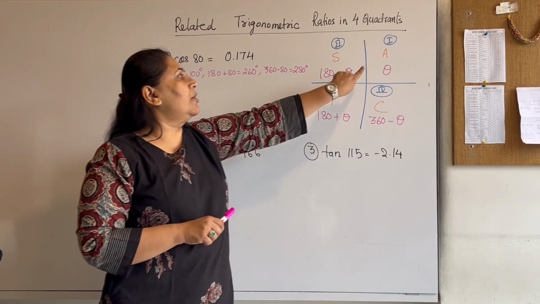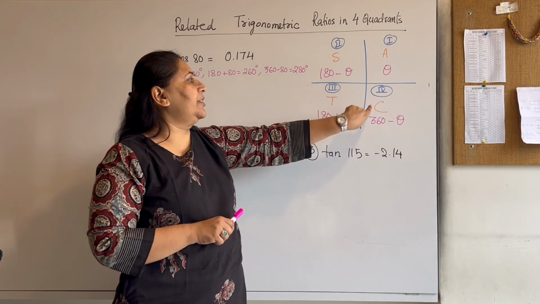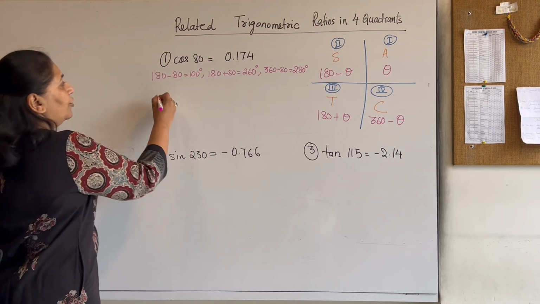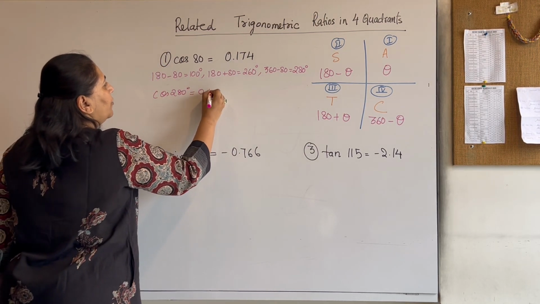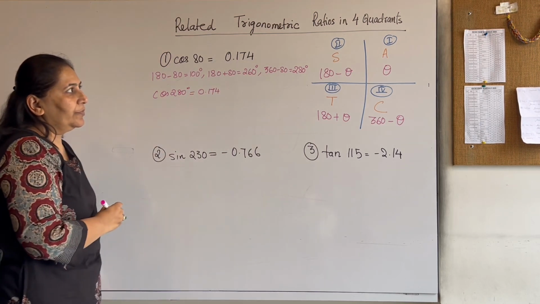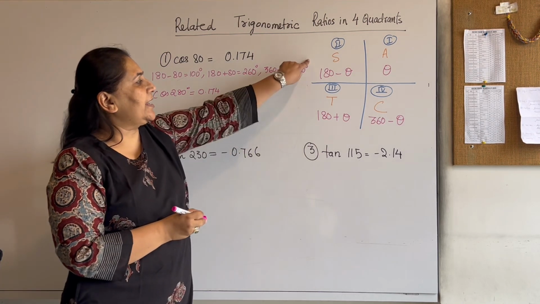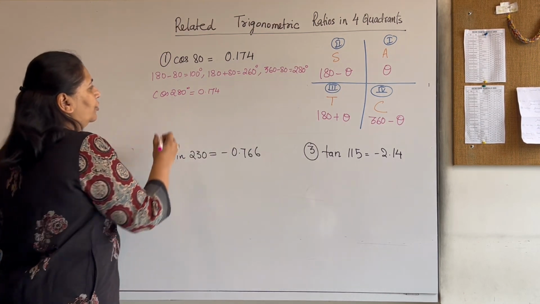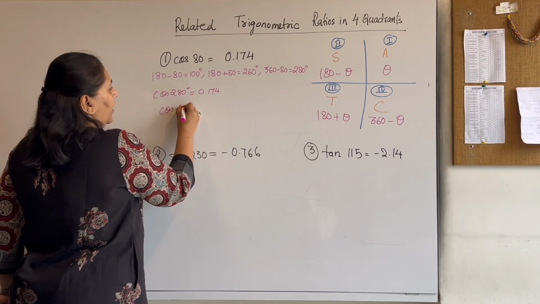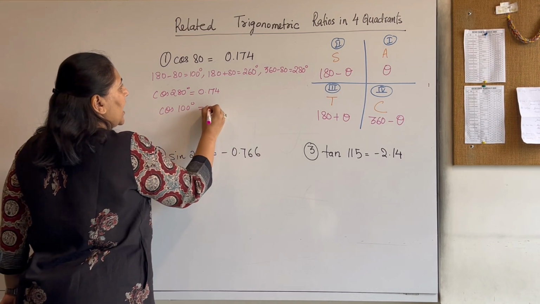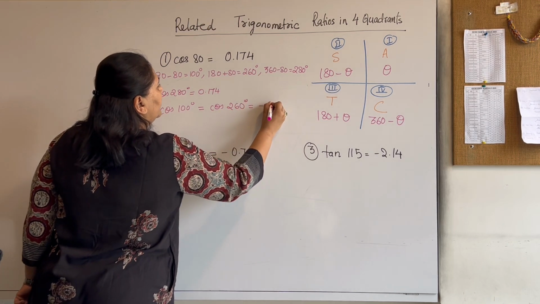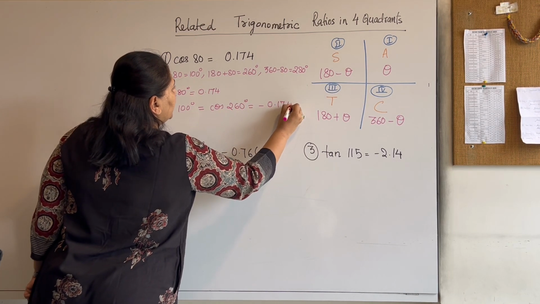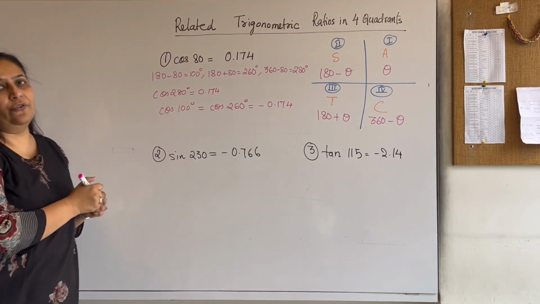Using the mnemonic, cos is positive in the first and the fourth quadrant. So cos 280 will be 0.174. Cos is negative in the second and the third quadrant. So cos 100 degrees and cos 260 degrees, both of them will be negative 0.174.